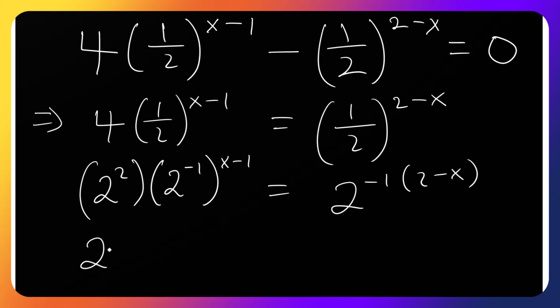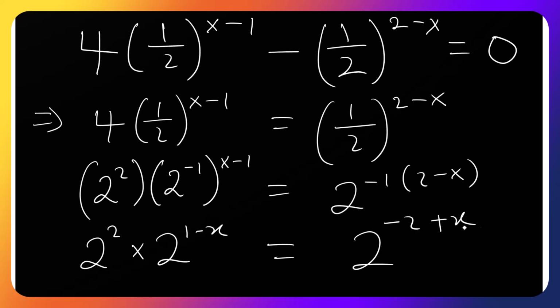So I have this to the power of 2. And this side will be 2 to the power of minus x plus 1. So we have 1 minus x. So minus x plus 1 is the same as that. So we have, okay, minus 2 plus x is the same as x minus 2.